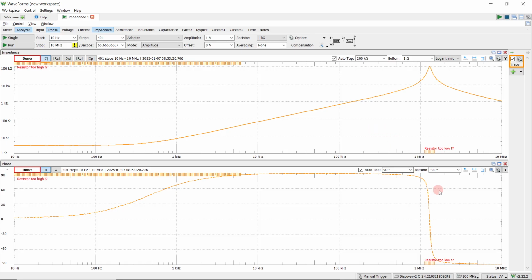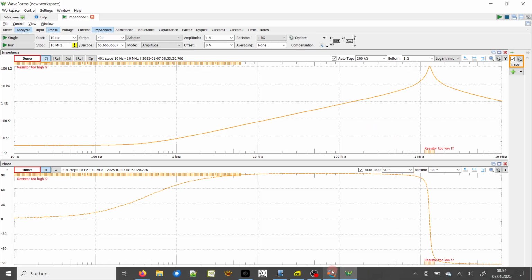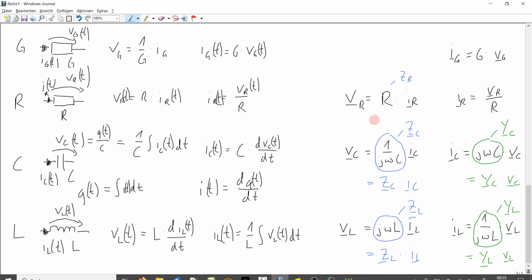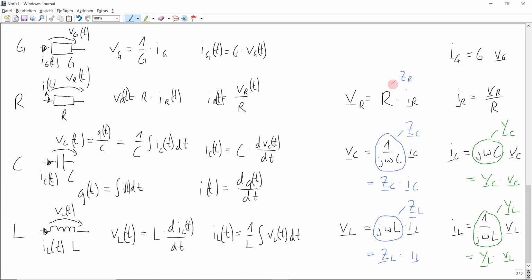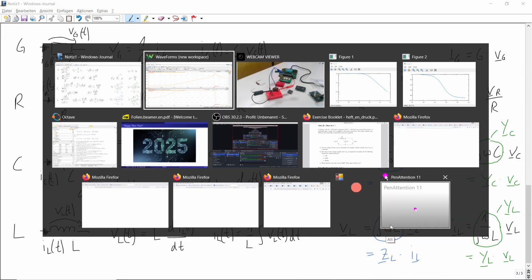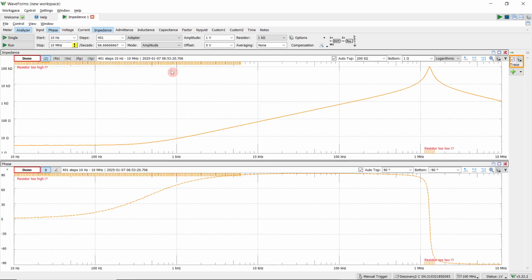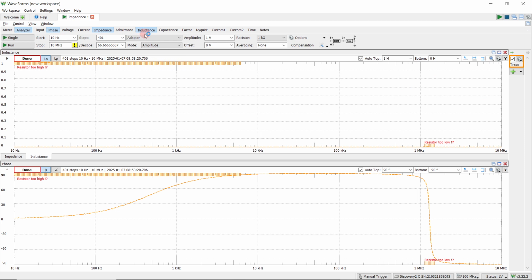Okay, and so this is a quite nice summary and demo of the frequency-dependent impedances of resistance, capacitance, and inductance. The last thing that we can maybe do for the inductance here is, of course, we could also measure not only impedance, but inductance.